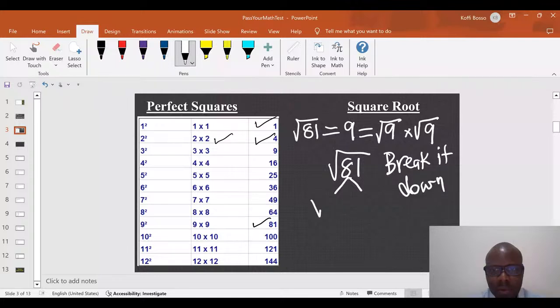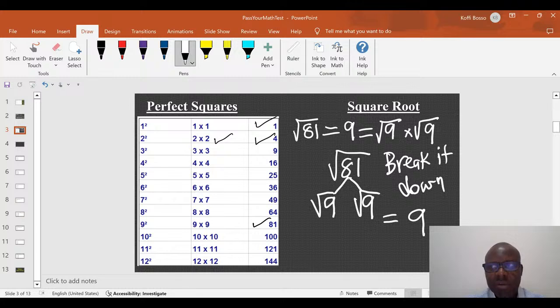Break it down as two square roots, where I ask myself, what number multiplied by itself gives me 81? The answer is 9. So I put 9 here and 9 here. Because I have the square root of 9 multiplied by the square root of 9, the answer will be a regular 9.